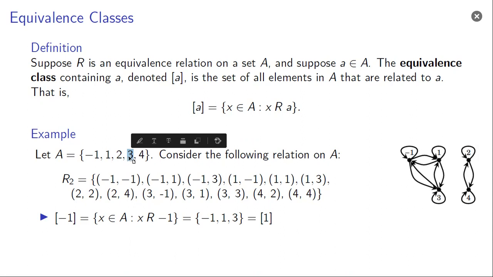Furthermore, what is the equivalence class of 3? Let's say our little a, an element of A, is 3. It's all the elements of A that are related to 3.